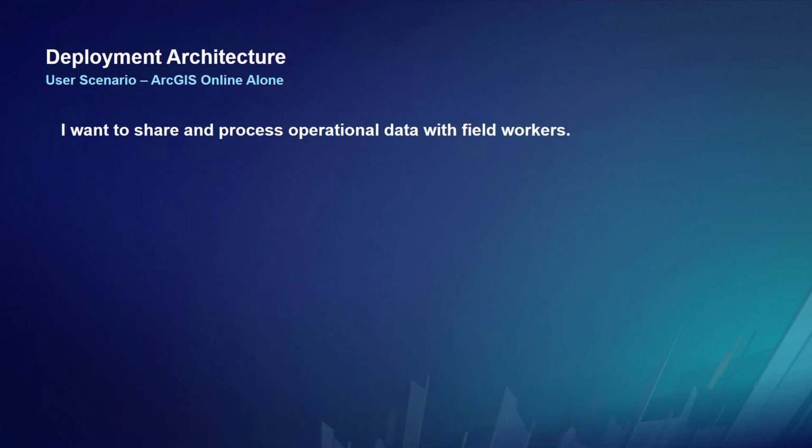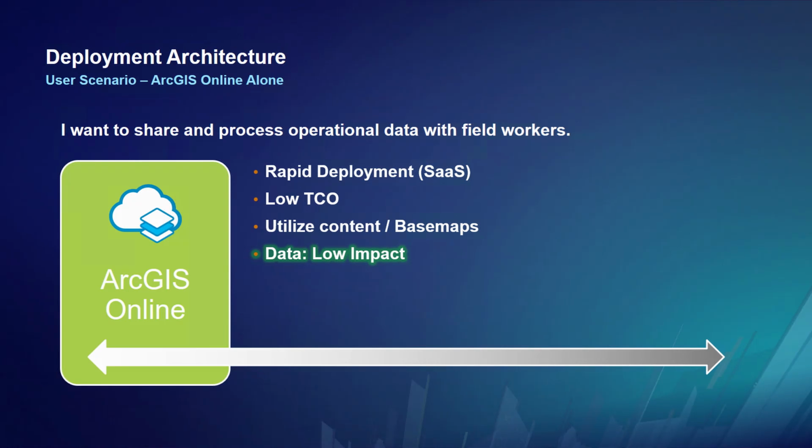Now, as far as quickly running through a couple scenarios, I wanted to go through the concept of users and what might be most appropriate. If you want to share and process operational data with field workers, ArcGIS Online by itself might be appropriate for your organization. It has rapid deployment, low total cost of ownership. You can utilize the base maps that are already available for you, and it can easily handle what's called low impact data sets.